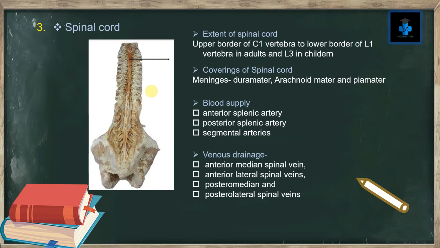Blood supply of spinal cord: anterior spinal artery, posterior spinal artery, and also segmental arteries. Venous drainage: anteromedian spinal vein, anterolateral spinal vein, posteromedian and posterolateral spinal veins.